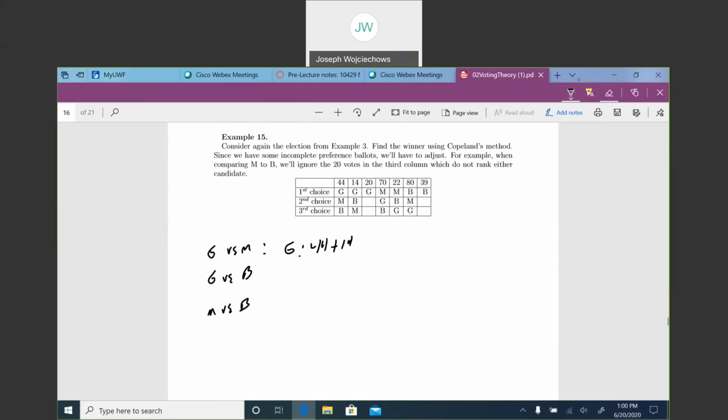G is preferred over M here, here, and here. That's 20. Not here, not here, not here. So that's that same 78. M is preferred over G in this 70, in this 22, and in this 80, which is 172. So that's 1 point for M.